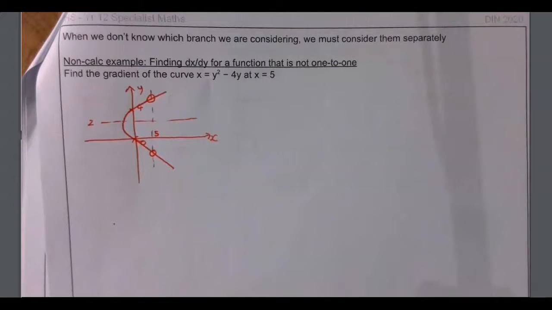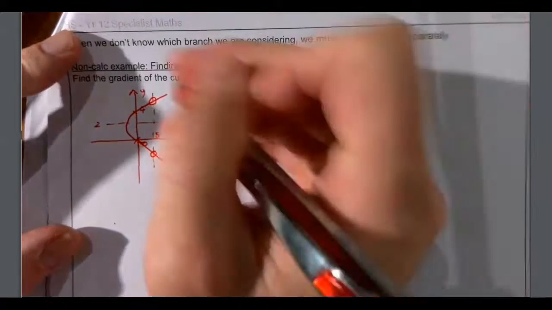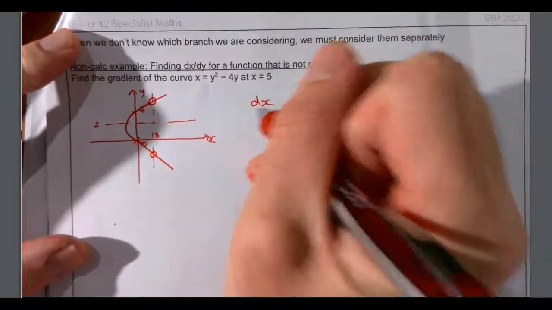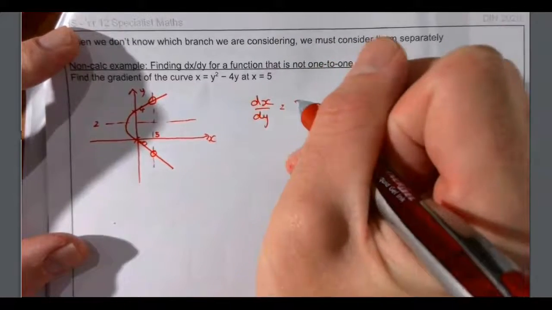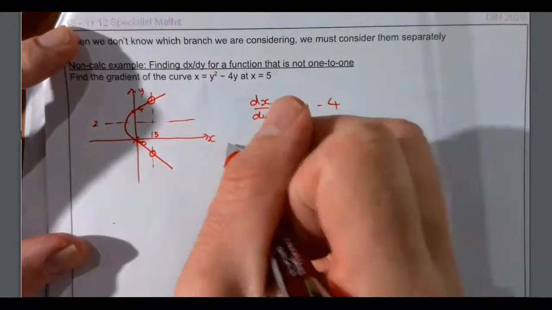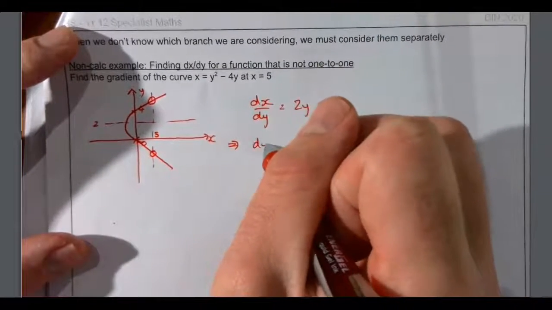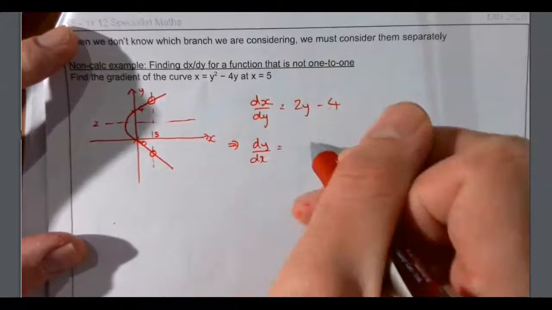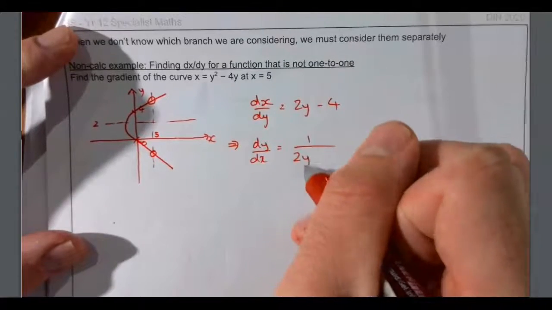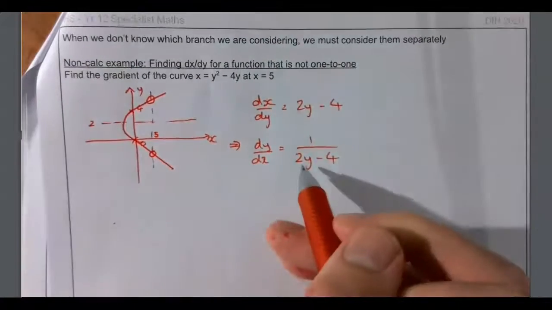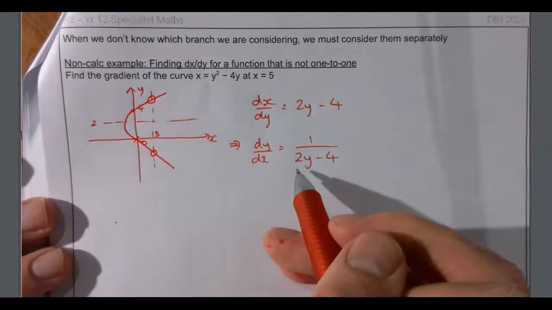And that's something that we're going to have to analyse. We're expecting 2 answers. So, as we did before, dx by dy is 2y minus 4, which means dy by dx is 1 over (2y minus 4), but we need to find our y coordinates.